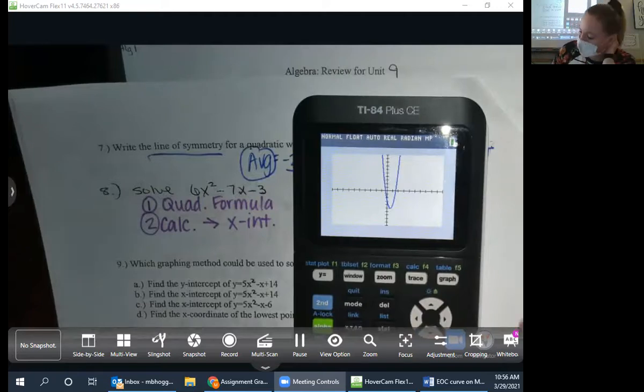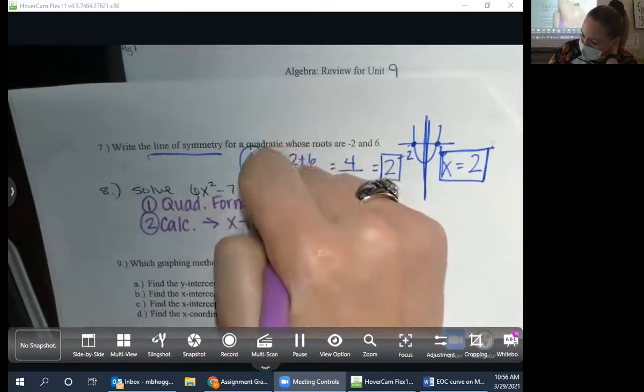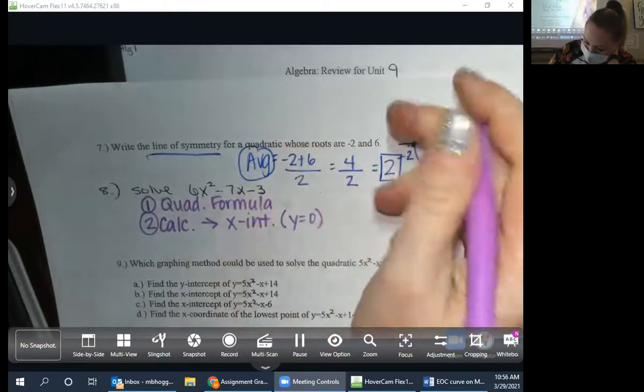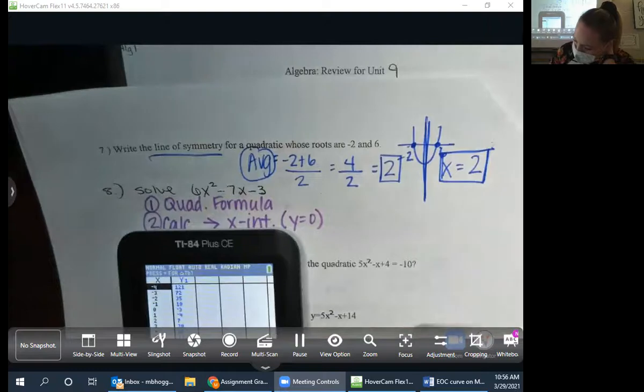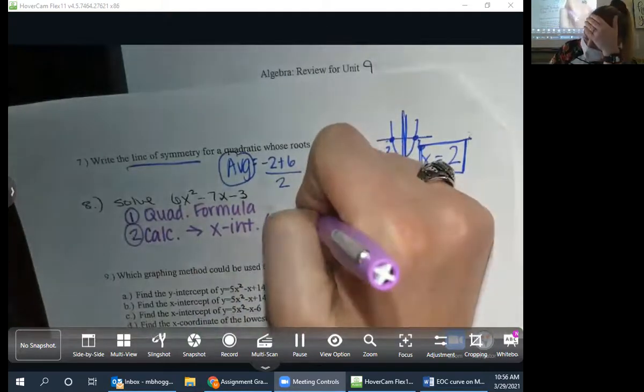Wow. Okay, so if I graph it and go to my table, the x-intercepts are anywhere where y is 0. Do we have any points where y is 0? No. Okay, so this didn't work out.